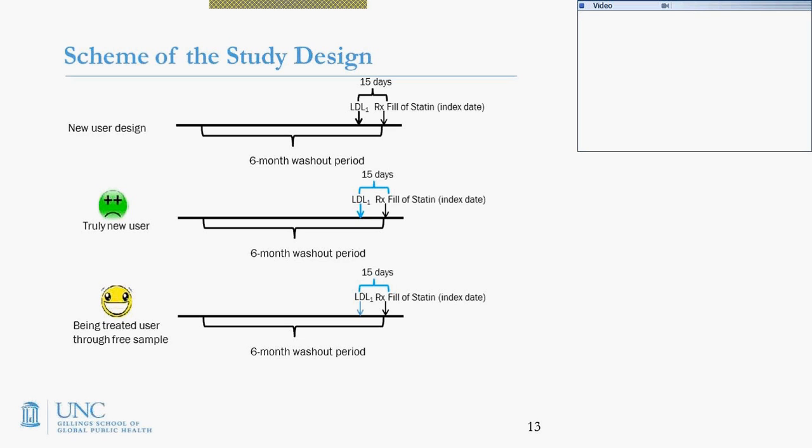For the patients who have already been treated, this LDL happens after the free samples, so it will be post-treatment LDL. Again, we don't have records of free samples in claims, but we do have LDL results and also the prescription fill in the claims data.